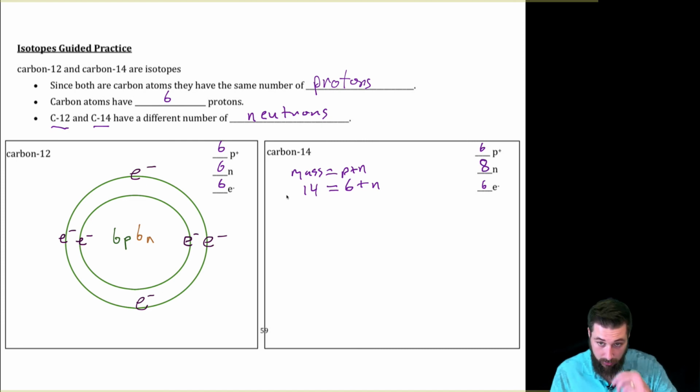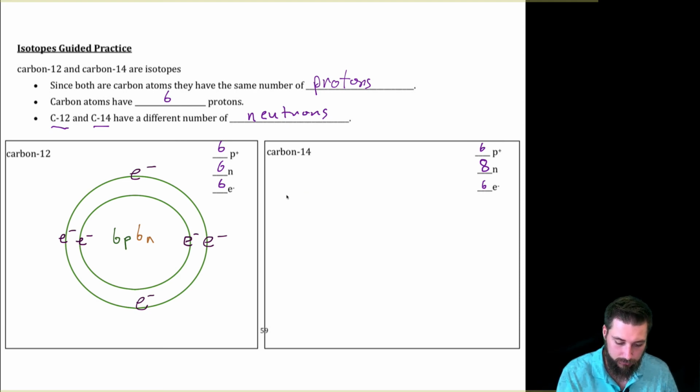And so now what we can do is we can build an atom. And it's going to have 6 protons, because again, every carbon atom in the entire universe has 6 protons. It will also have 6 neutrons. And, does not have 6 neutrons, my mistake.